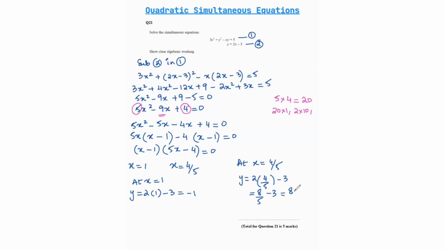And that's 8 minus 15 over 5, which gives us negative 7 over 5. So when x is equal to 1, y is equal to negative 1. When x is equal to 4 over 5, y is equal to negative 7 over 5. These are our values for x and y.